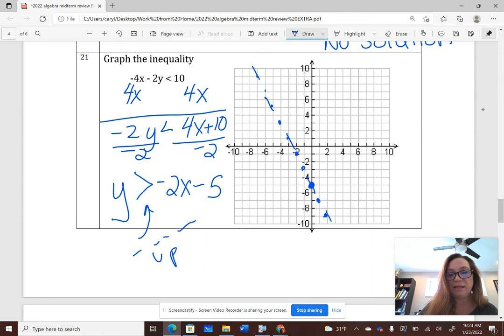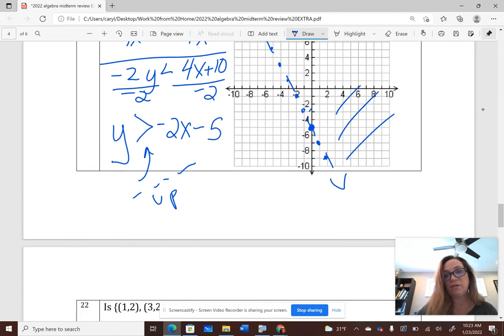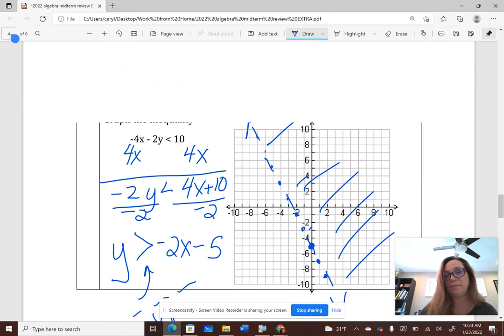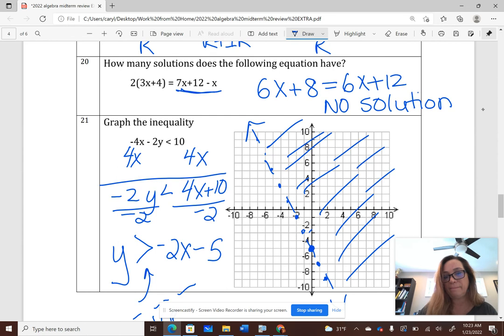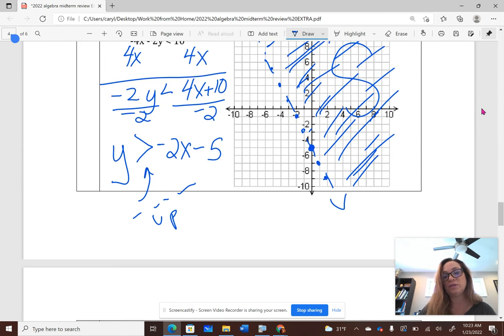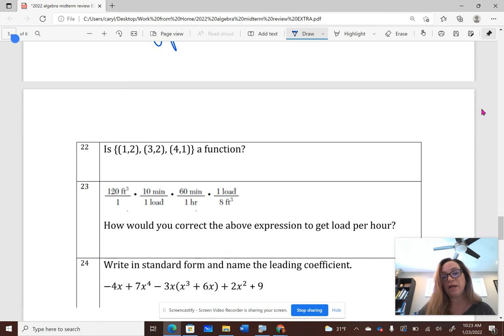So my dotted line, and I'm whoops. I was trying to shade up, not move the paper up. Shade up. Okay, anything in the shaded area is part of the solution set, which is y equals -2x subtract 5. You can also bring colored pencils if you want.